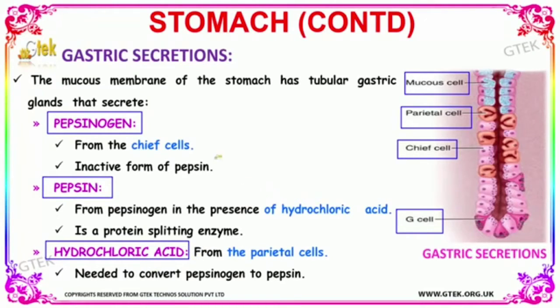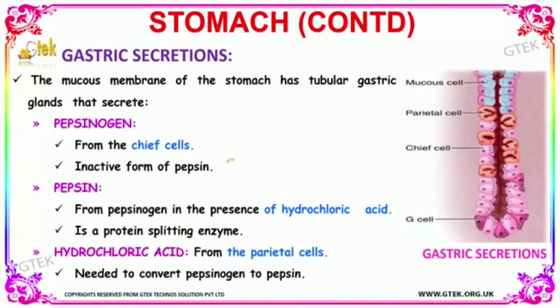Your pepsinogen is generated by your chief cell, and it is the inactive form of pepsin.